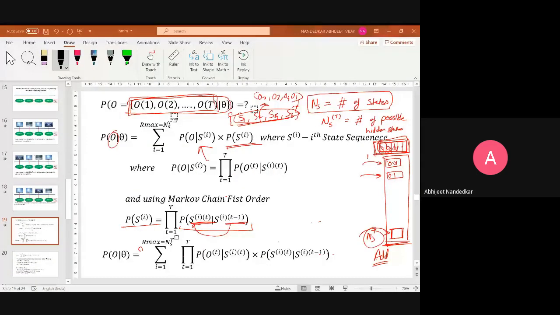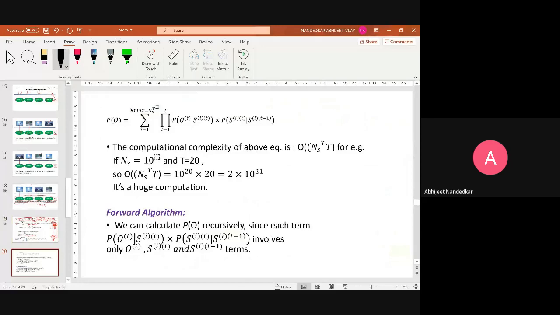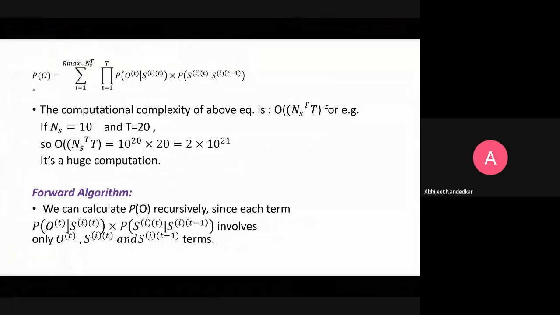If you see this final equation carefully, after substituting those two things, you can get this final equation.